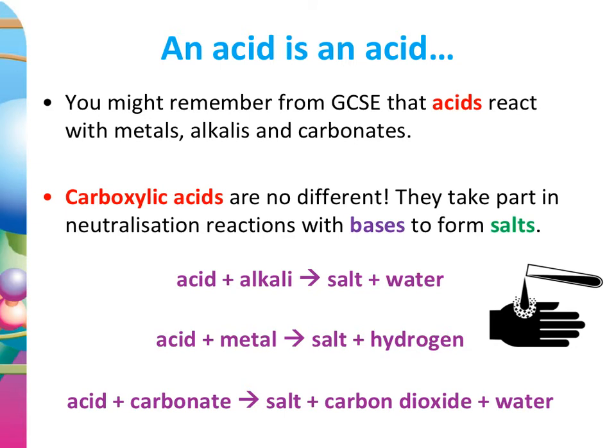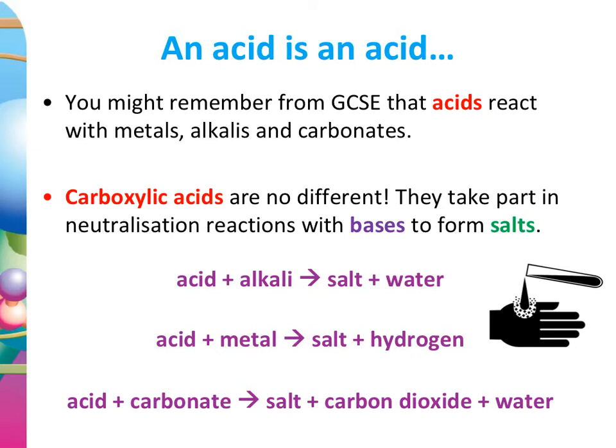One thing that you have done with carboxylic acids prior to this topic is how to test for them. One of the things you would use was a carbonate, such as sodium carbonate, which is a soluble carbonate. With sodium carbonate and a carboxylic acid, you would see effervescence, fizzing, because carbon dioxide would be produced.